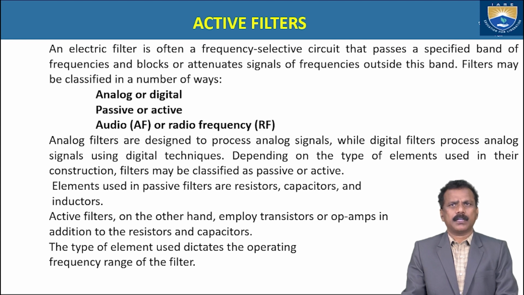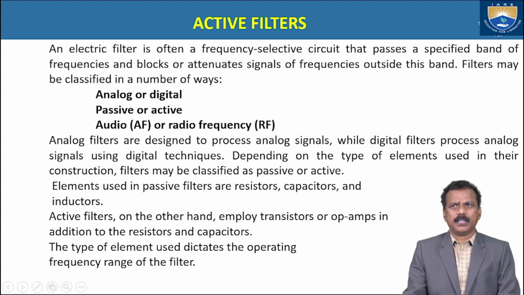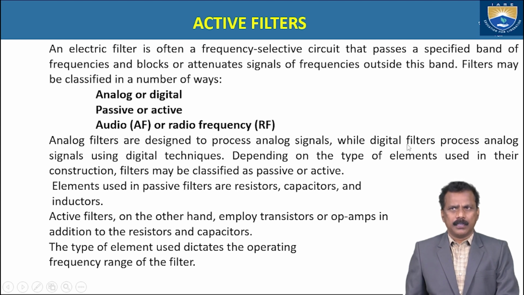Analog filters are designed to process analog signals, while digital filters process analog signals using digital techniques. By using active filters, we use transistors or an operational amplifier, and in addition to this, sometimes they use resistors and capacitors.